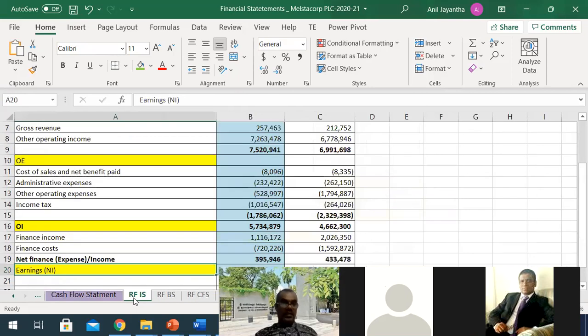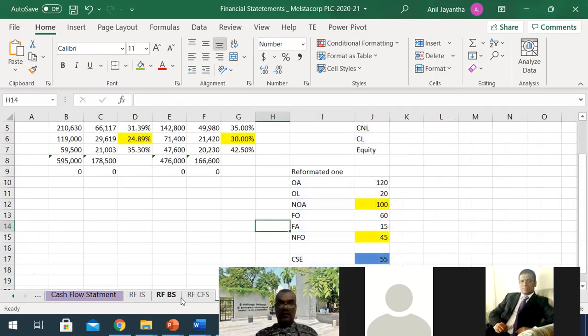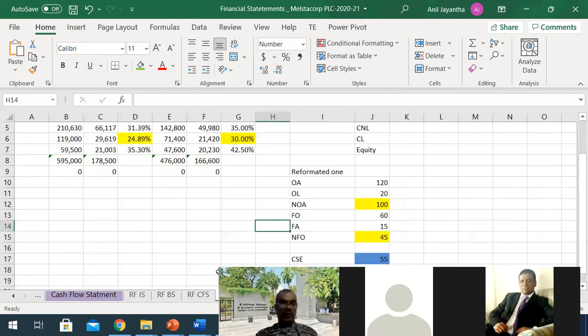Reformatted income statement is there. Reformatted balance sheet is there. Cash flow, everything is there. Leverage. Now you can do the calculations quickly. What are you supposed to do?